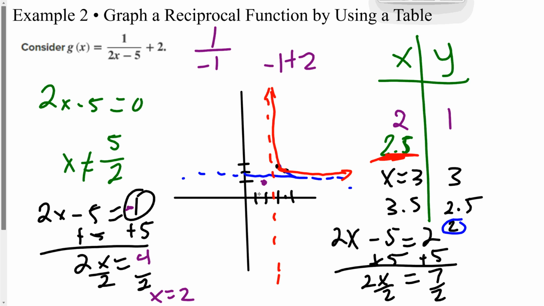Then I can plug in 0 if I wanted to, but then I'm just going to get negative 1/5. But maybe you don't want to graph that. So what about a negative a half? Because a negative a half plus 2, isn't that just 1.5? So how can I get negative 2? Well, if I add that, don't I get 3? That would be 3 halves, right? So wouldn't that be 1.5?